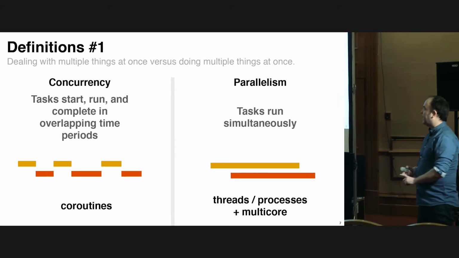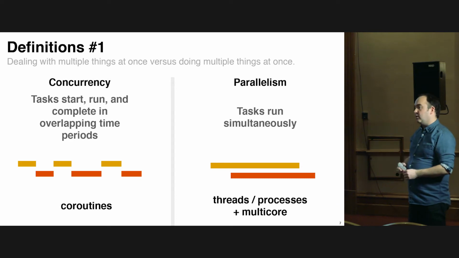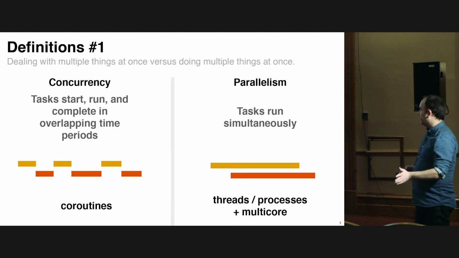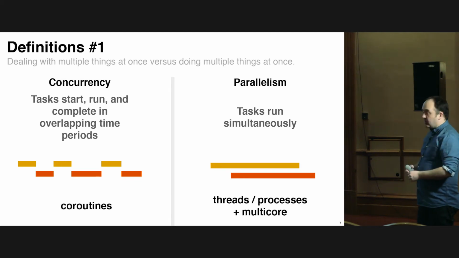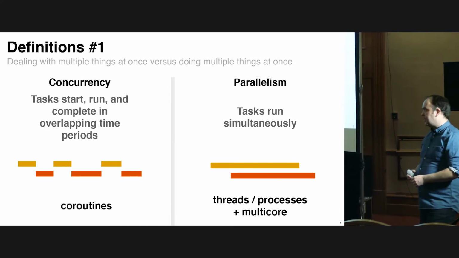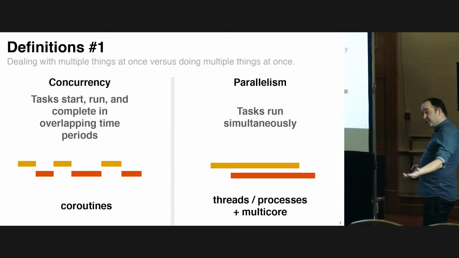Okay, so concurrent tasks, their begin and end points overlap in time, although we're not necessarily progressing more than one of those tasks at any particular instant. Whereas parallelism requires hardware that is capable of physically doing more than one thing at the same time. So typically multiple cores or multiple processors or multiple machines.